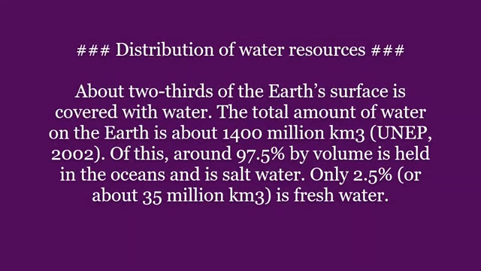Distribution of water resources. About 2/3 of the Earth's surface is covered with water. The total amount of water on the Earth is about 1400 million cubic kilometer, according to United Nations Environmental Program 2002.